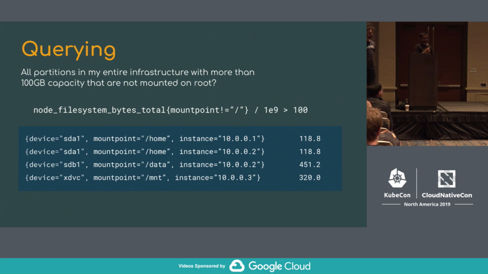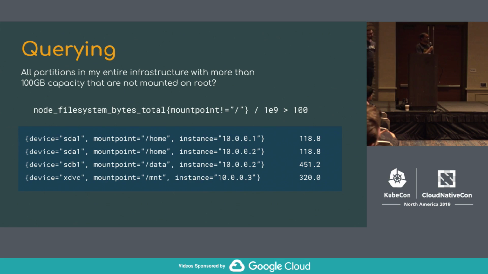This is a very basic query. You are mentioning the metric name and then you are saying the mount point should not be root. This query gives you all the mount points which are using more than 100 gigabytes of space, and the mount point is not root.